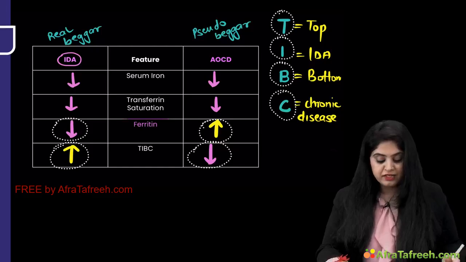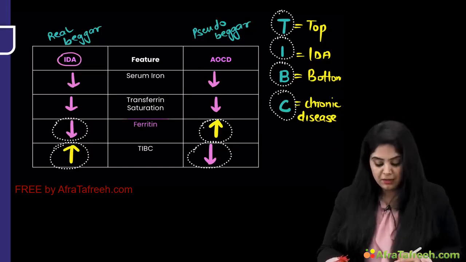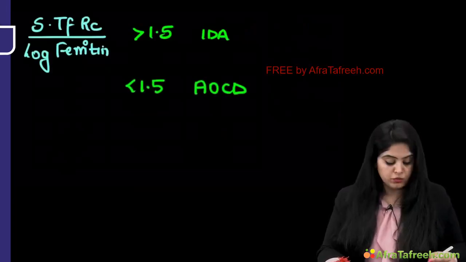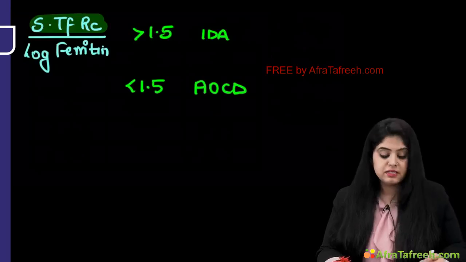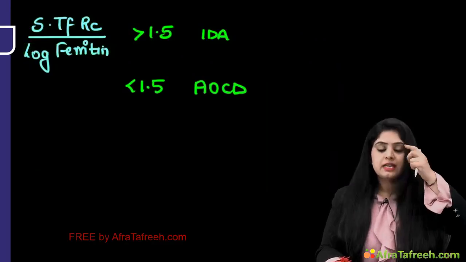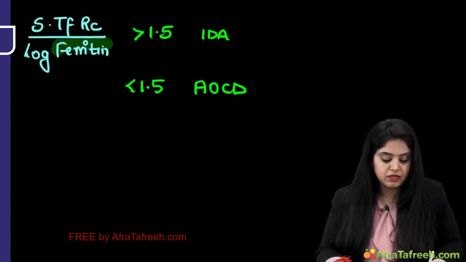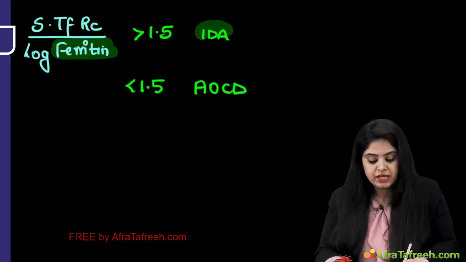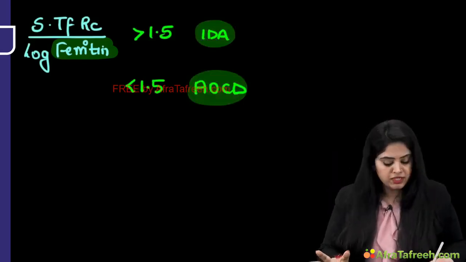But nowadays, guys, there are some other parameters which they are using, and there's a new parameter that has come up which I want to share with all of you, and that parameter is serum transferrin receptor divided by log of ferritin. Pehle to please tell me, what is ferritin? Ferritin is the bank account. If I have to differentiate iron deficiency anemia and anemia of chronic disease, whose bank account has a lot of money?